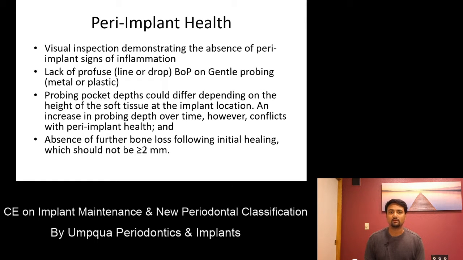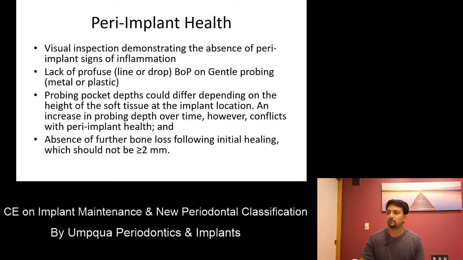I would recommend probing around every implant at every visit, because that would give you a baseline, and you can compare your probings and see if there is any disease process going on around that implant. We'll go over that in detail later on in the slides.